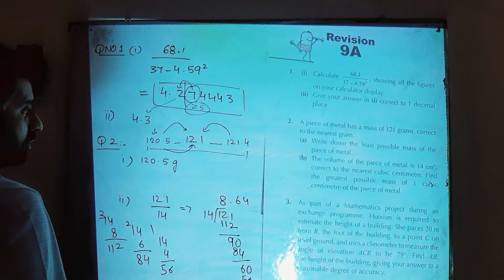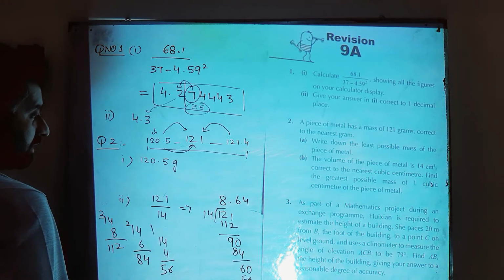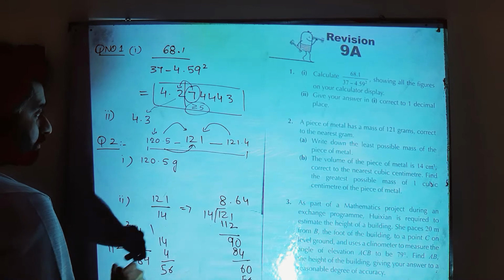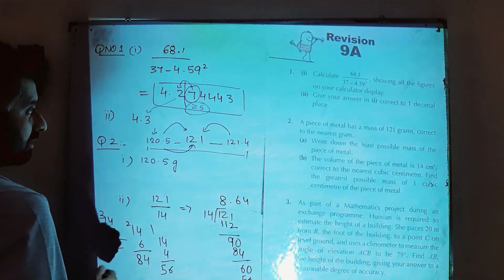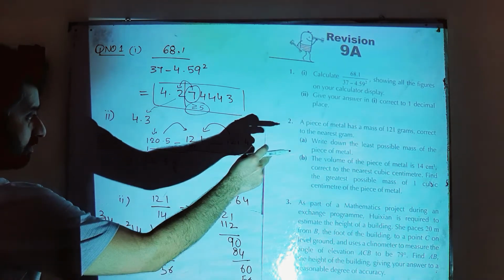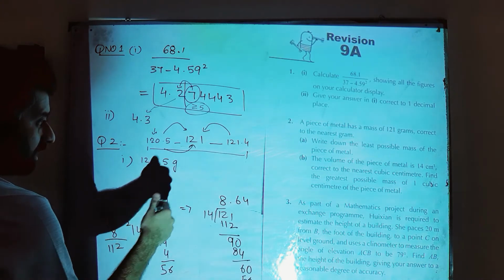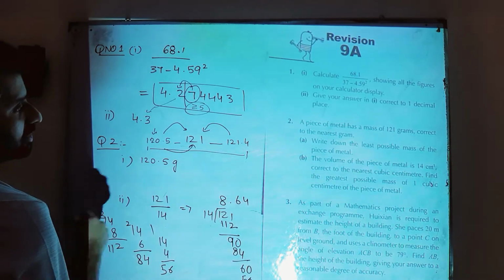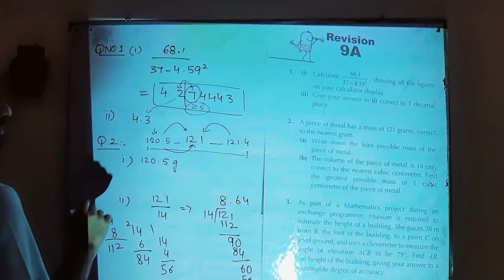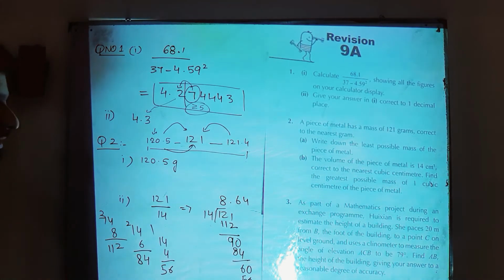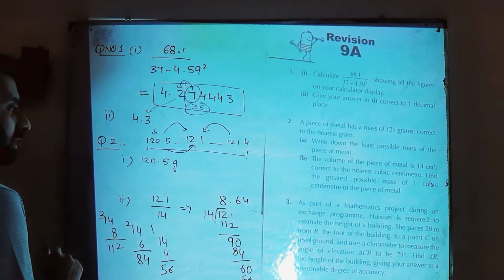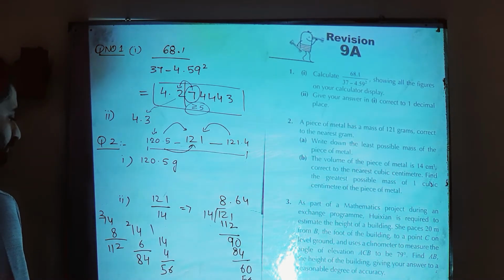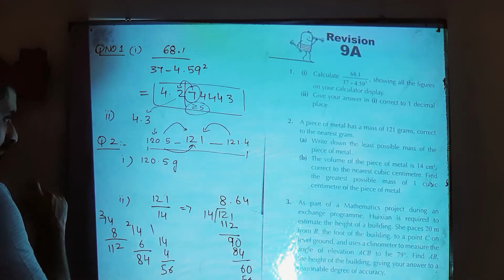Second one: the volume of the piece of metal is 14 cubic centimeters, again correct to the nearest cubic centimeter. Find the greatest possible mass of 1 cubic centimeter of the metal.